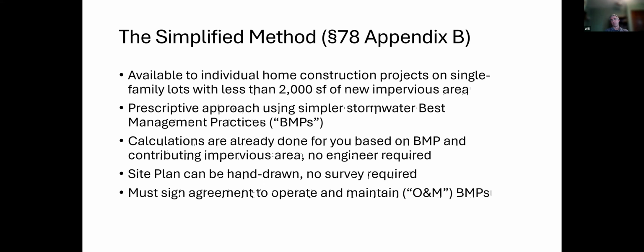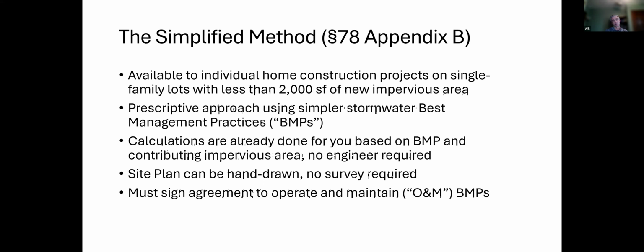It's a prescriptive approach, so it gives you a menu of options for capturing and treating runoff from your new impervious area. Those are usually called stormwater best management practices, or BMPs. And the calculations are already done for you. So there's no need to hire an engineer or a hydrologist or anything like that. It's all explained in the appendix.